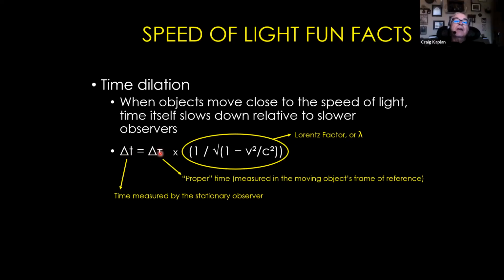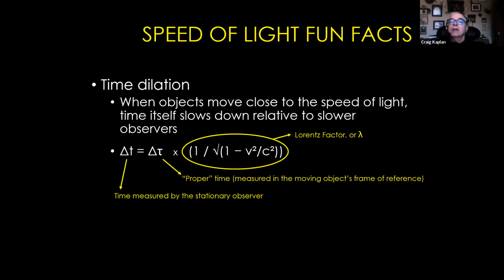So for the person moving at 0.866 the speed of light, time passes twice as slowly as it does for the stationary observer. So it becomes important as you approach the speed of light.